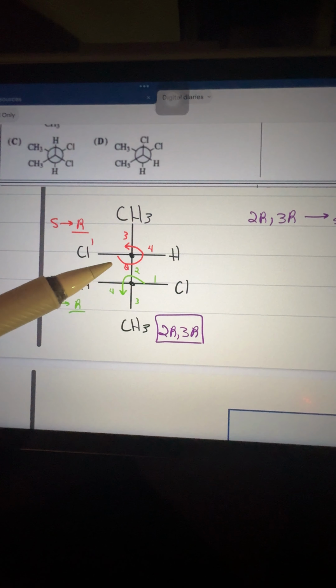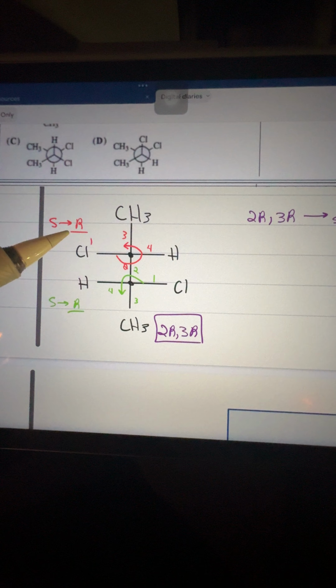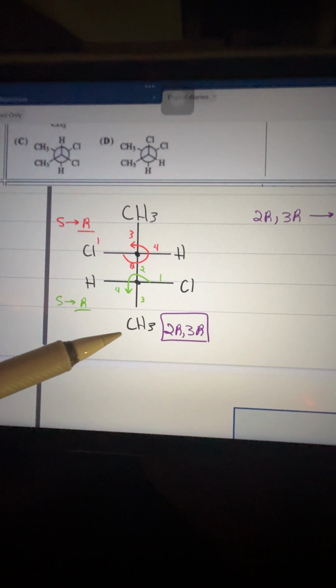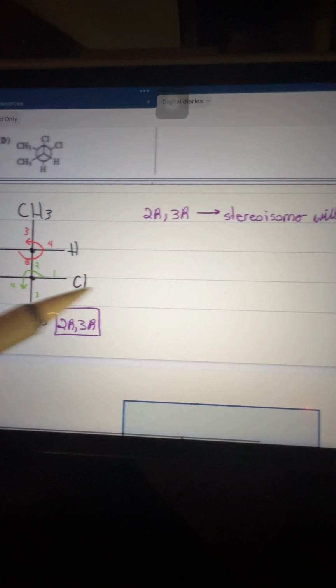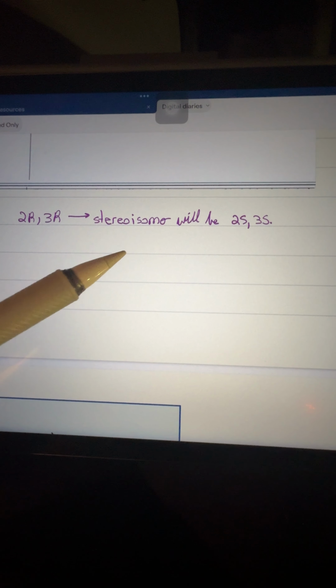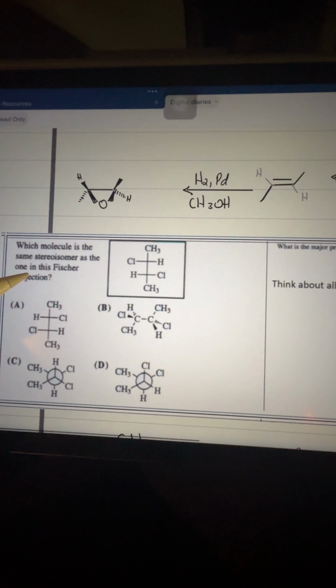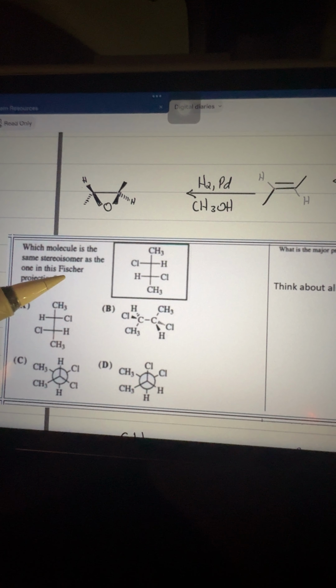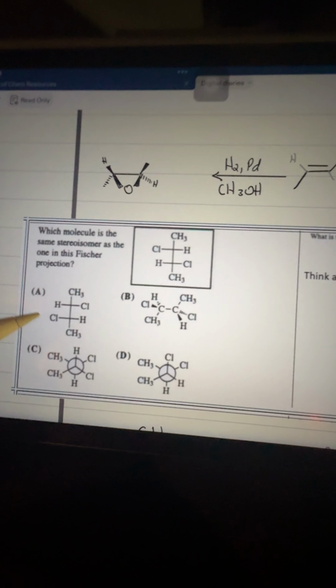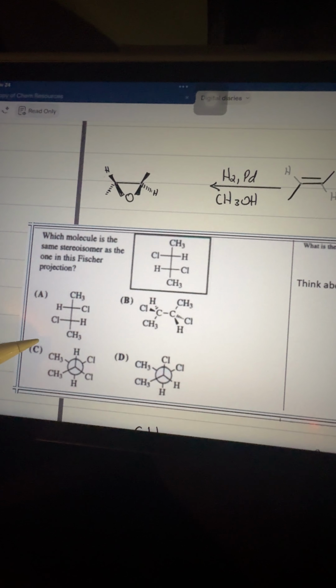So carbon 2 is R, carbon 3 is R. So it's a 2R, 3R stereoisomer. And the stereoisomer of it will be 2S and 3S. The question is asking me which molecule in the 4 options is 2R and 3R.